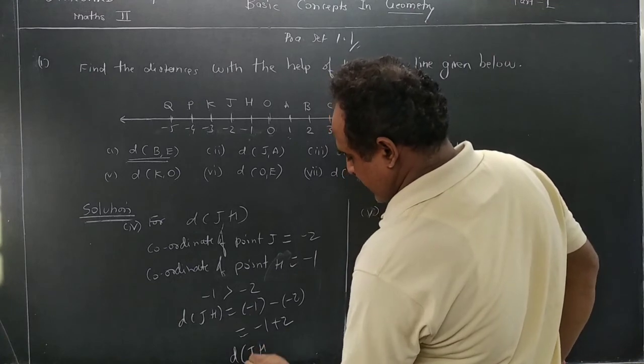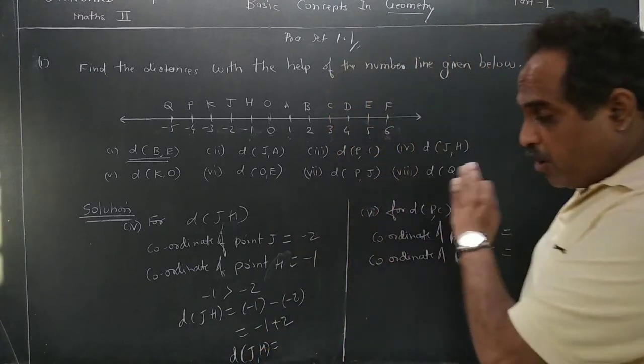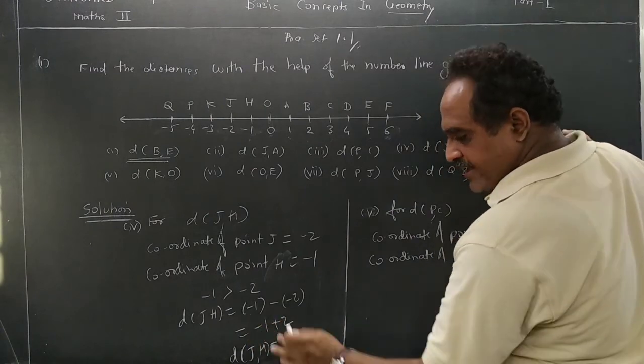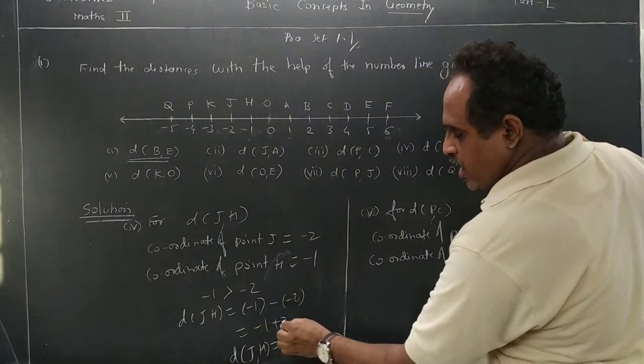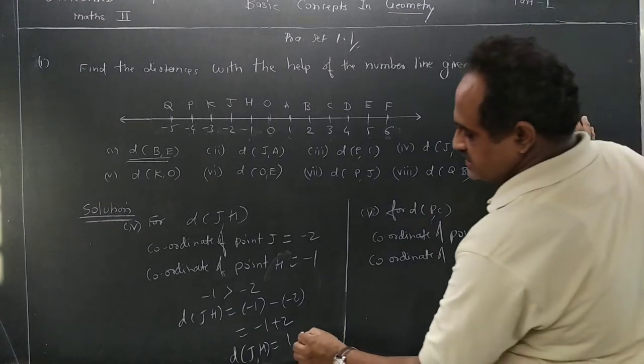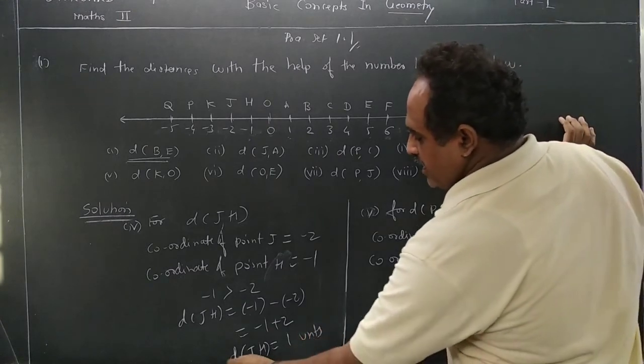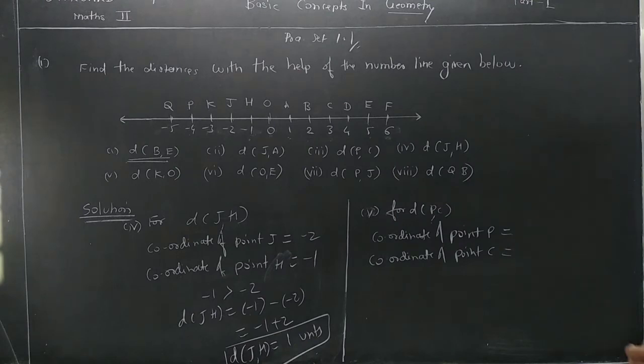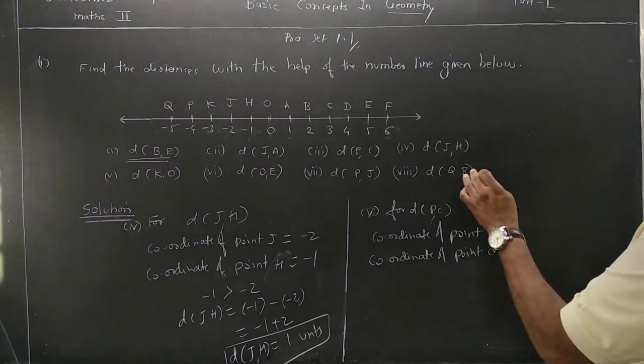You should have proper knowledge of plus and minus: minus 2 plus 1 gives 1, and you give the sign of the greater number. The answer of JH is 1 unit. Now you go for this.